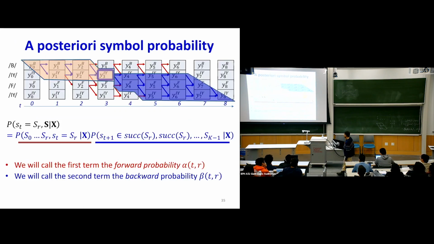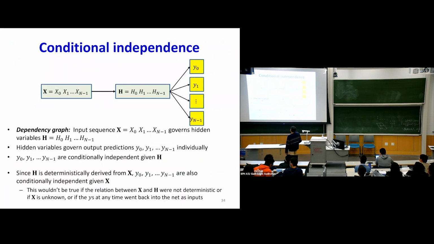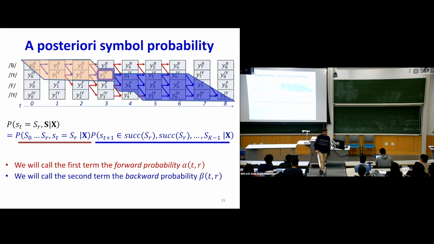And so therefore, instead of saying the probability of the red portion of the graph times the probability of the blue portion of the graph given the red portion, I can simply say it's the probability of the blue portion of the graph times the probability of the red portion of the graph, because there's no conditional dependence between the two, right?